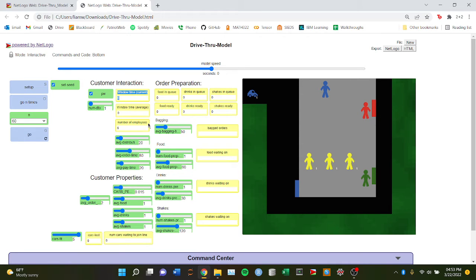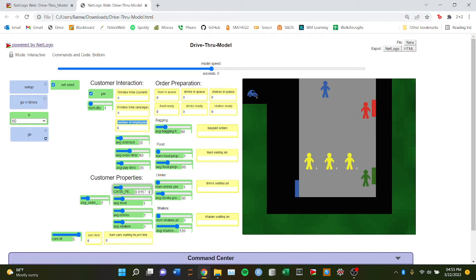Another thing to note, before I do that, is how many employees work. Right now I have 3 employees preparing an order, 1 employee responsible for receiving the payment, 1 employee at the window, and another employee right here who takes the order. Every second, there is a 0.015 chance that someone will look at the store and say, I kind of want to visit the store today and grab a bite to eat.